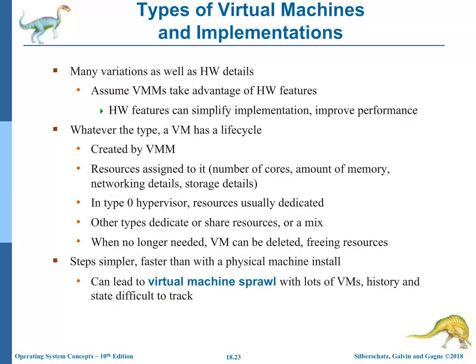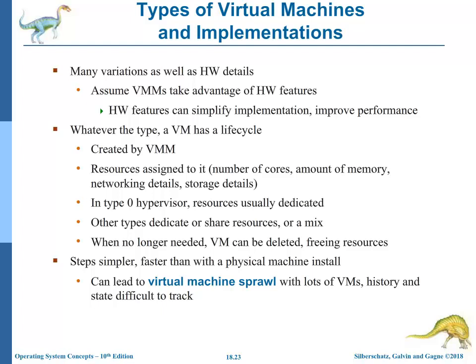Let's begin with the virtual machine life cycle. A virtual machine is created. Its creator gives the VMM certain parameters. These parameters usually include the number of CPUs, amount of memory, networking details, and the storage details that the VMM will take into account when creating the guest. The VMM then creates the virtual machine with those parameters.